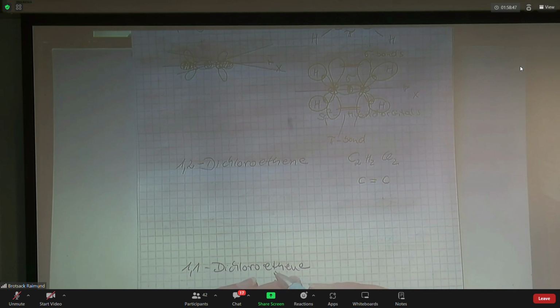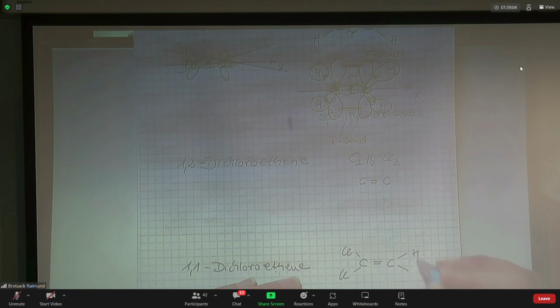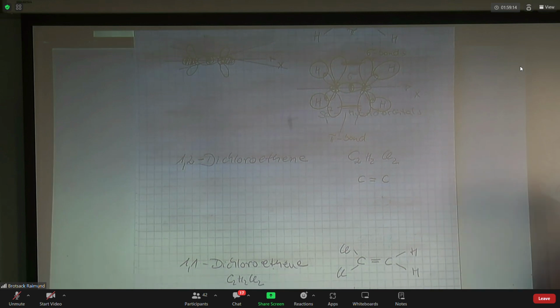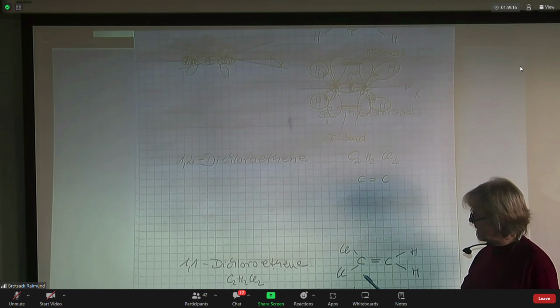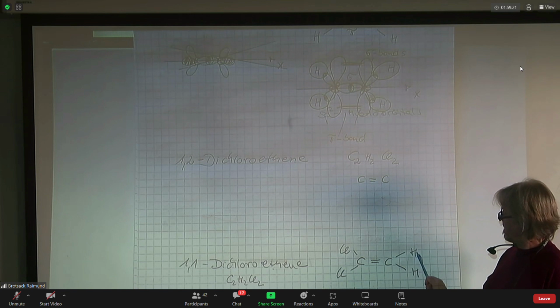So this one is easy. The 1,1 dichloro. The structure is the following. We have the chloro on the same carbon atom, 1,1 dichloroethene. The sum formula is again C2H2Cl2. It's the same as we have it here, but now we say 1,1 dichloroethene.